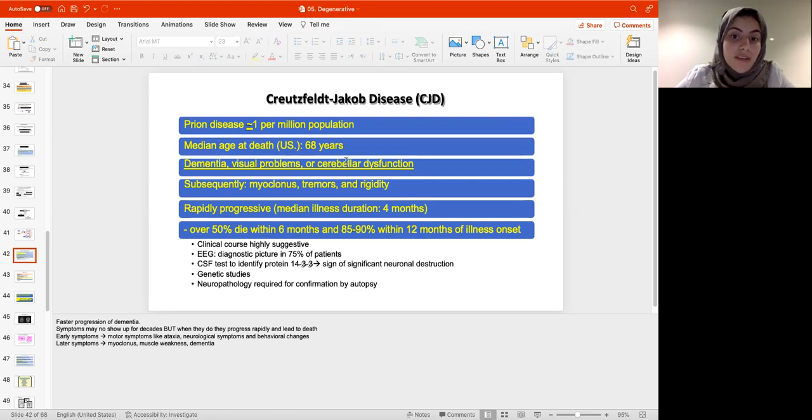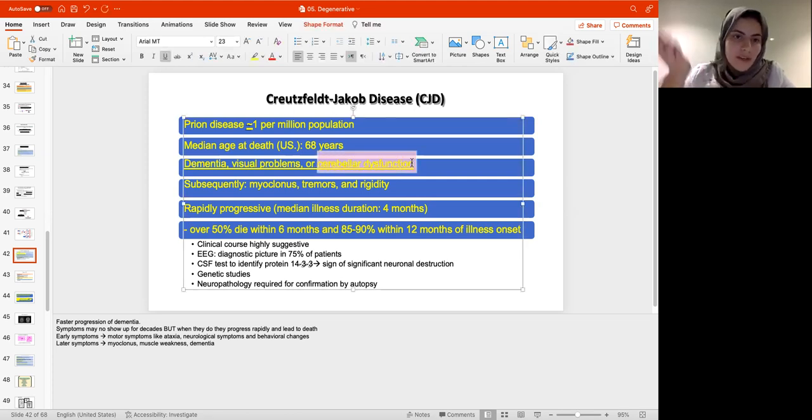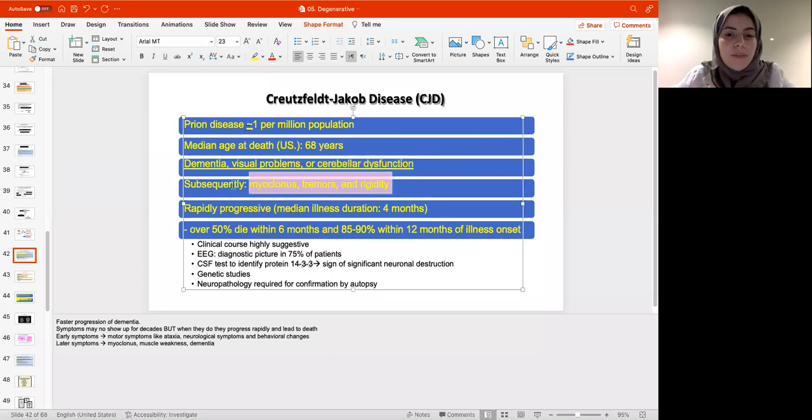Okay, so here it can affect the cerebellum. It depends again on what area, what neurons have the protein. Depending on that, they will have the symptoms. So it begins with dementia, visual problems, and cerebellar dysfunction, but then it can end up with myoclonus, tremors, and rigidity. Okay, these are subsequent symptoms, so they come later.